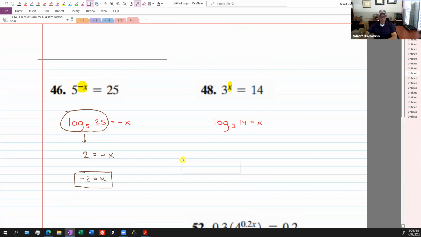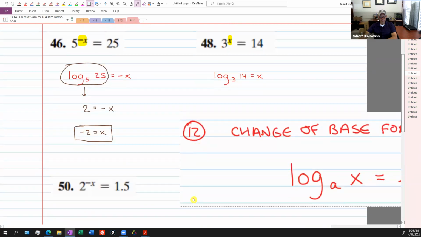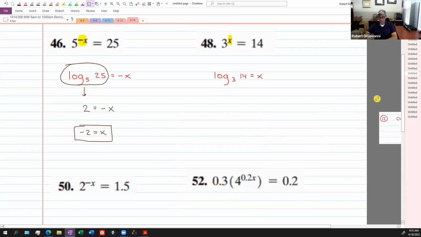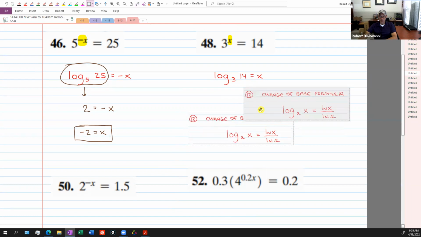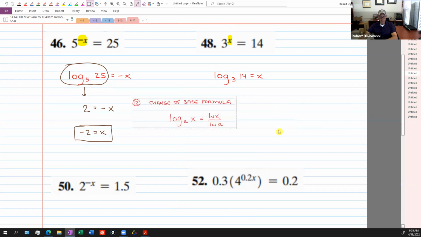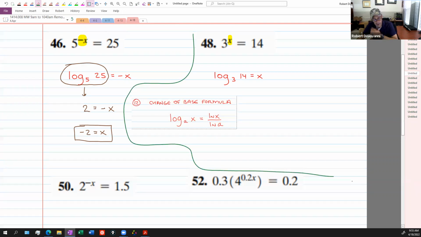So what this formula allows you to do is use your calculator to solve any log. Let me just put it right there. Okay, it allows you to solve any log. So for us, we're doing this, right?